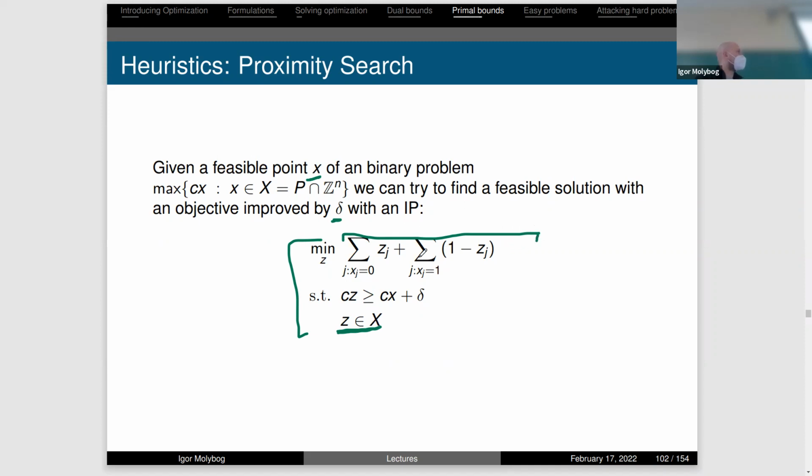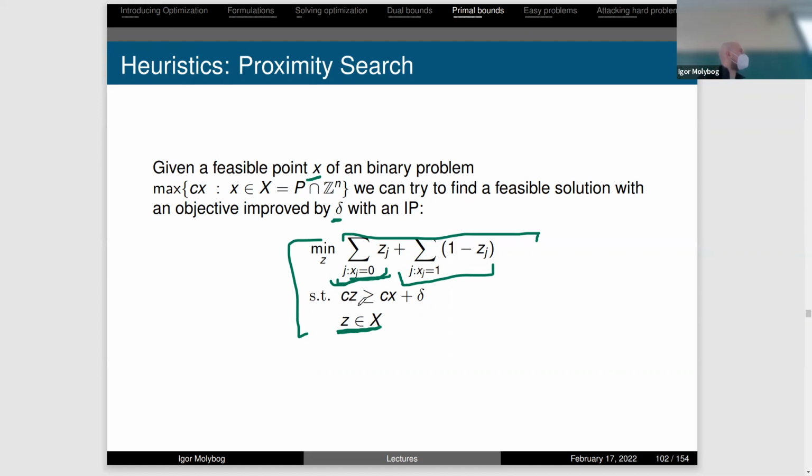So basically, what we are saying is that the deviation of z from x should be minimal, right? So this term measures the deviation of z from x at components where xj is equal to 0, and this term here measures the deviation of z from x at the components where xj is equal to 1.